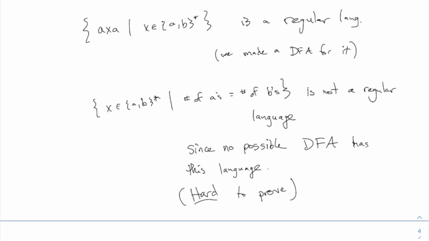It turns out, though, that you can use DFAs to do fairly sophisticated mathematical computations.